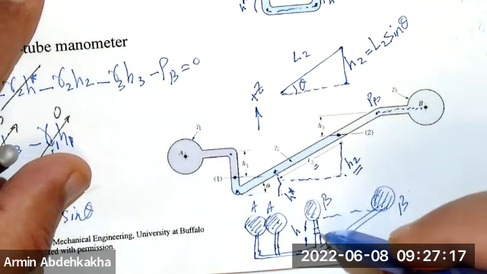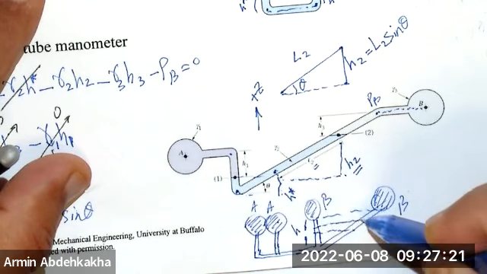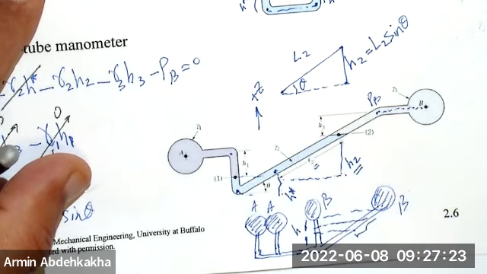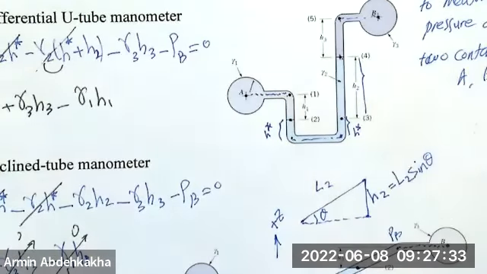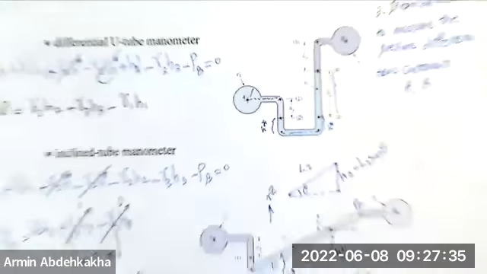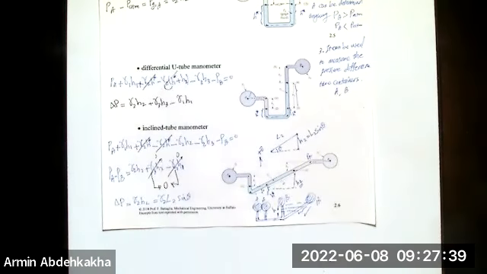If you couldn't, you can use the inclined version, where the same pressure difference gives a larger reading, and we can read it. That's why the inclined tube manometer is used for high sensitivity, as a highly sensitive measurement manometer.